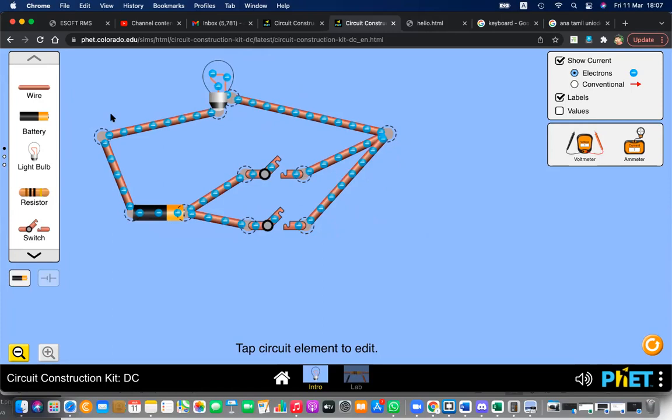So let's name these switches. This is switch A and this is switch B, right? Let's see how switch A, switch B and the bulb are going to behave. Very important thing: think of this as your computer.